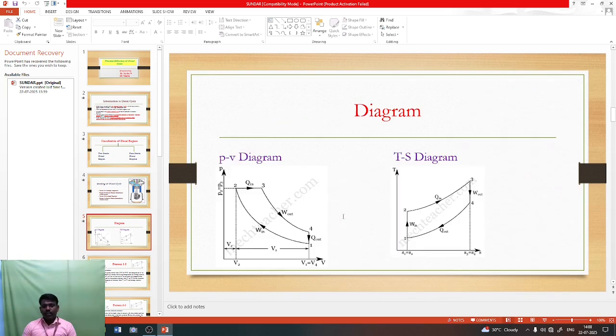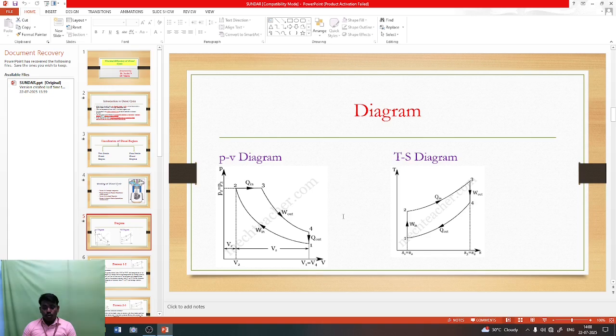See the diagram. The first one is the PV diagram, the pressure-volume diagram, and then the TS diagram, the temperature-entropy diagram. So these are the PV and TS diagrams for the diesel cycle. Here, in process 1 to 2, W in means the work input, and 2 to 3 is Q in, the heat supplied. 3 to 4 is the work output from the system.